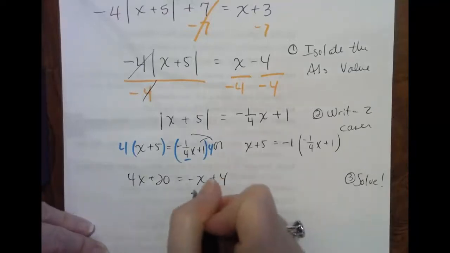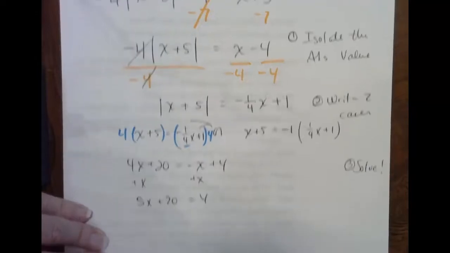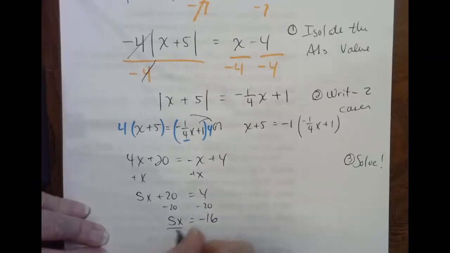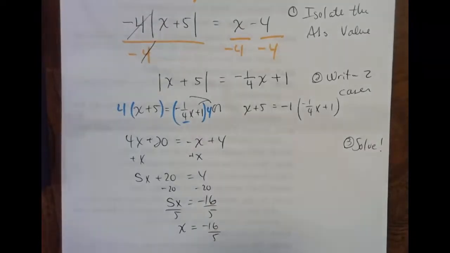So next, let's add x, 5x plus 20 equals 4, minus 20 minus 20, 5x equals -16, divide by 5, x equals -16/5. Don't be intimidated by fractions. Just learn to love them.